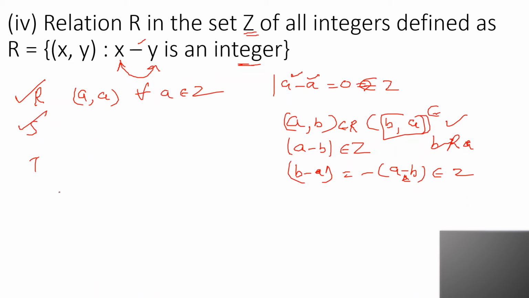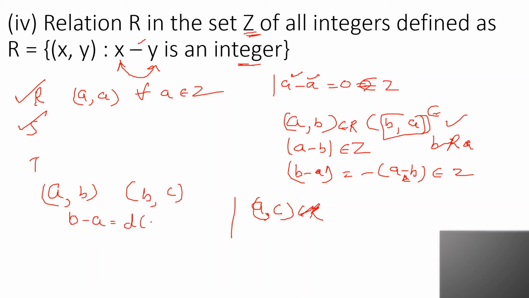Next is transitive. Let a be related to b, and b be related to c. Now we need to check whether a and c are also related. a and b are related to each other, which means b minus a is some integer, let's say d.